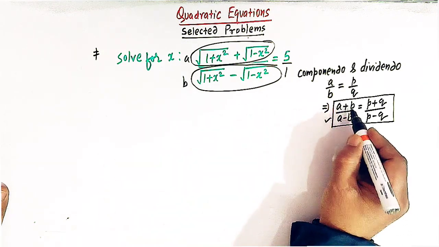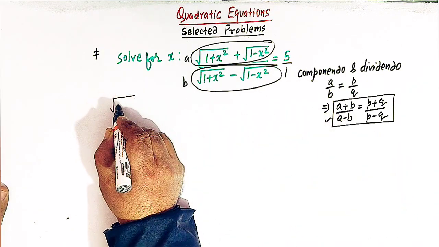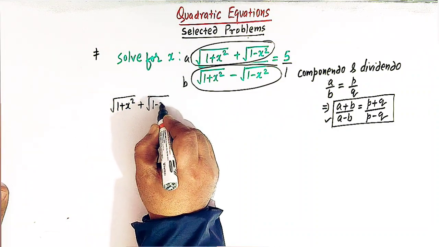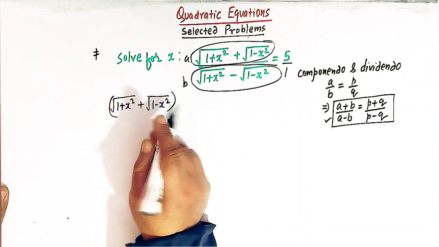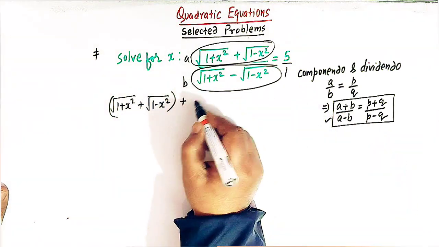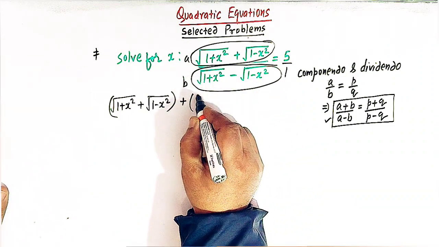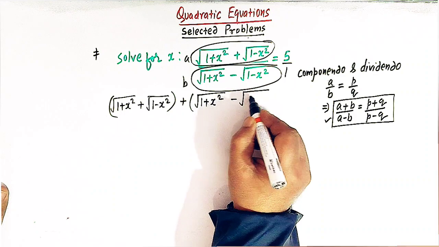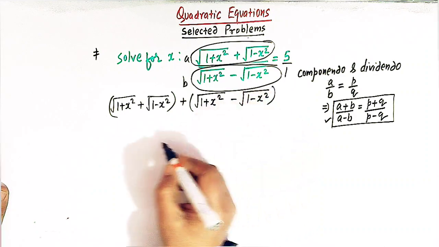Now we have A plus B. A plus B is √(1+x²) + √(1−x²), that is A, plus B, which is √(1+x²) − √(1−x²).